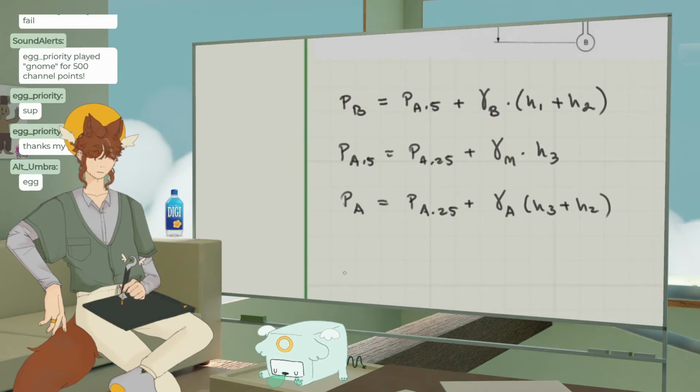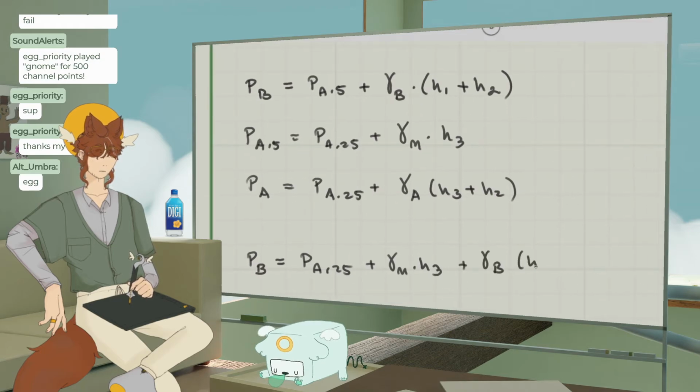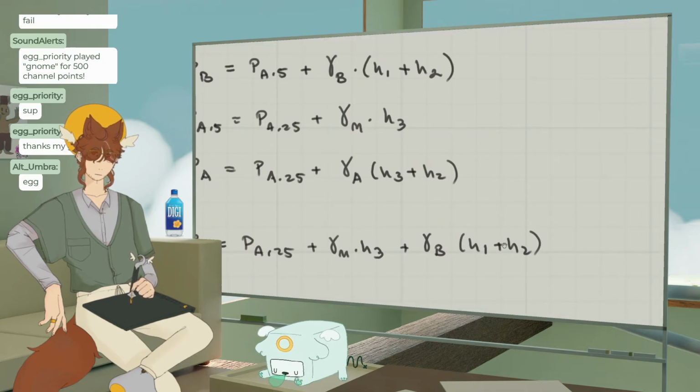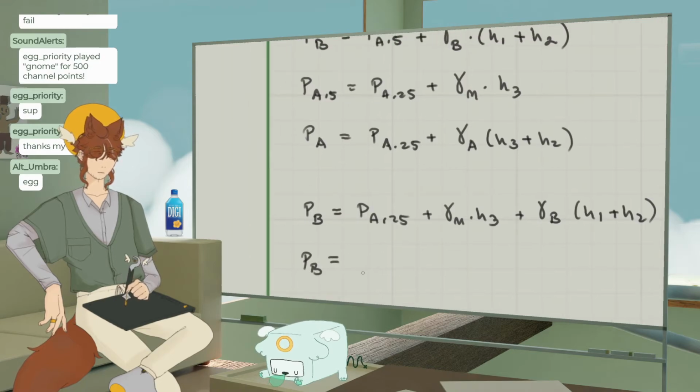I guess I should probably solve for pressure B equals P A.25 plus rho mercury H3 plus rho specific at H1 plus H2. And then PB equals... Okay, so if I solve for 8.25, it's going to be PA minus this.